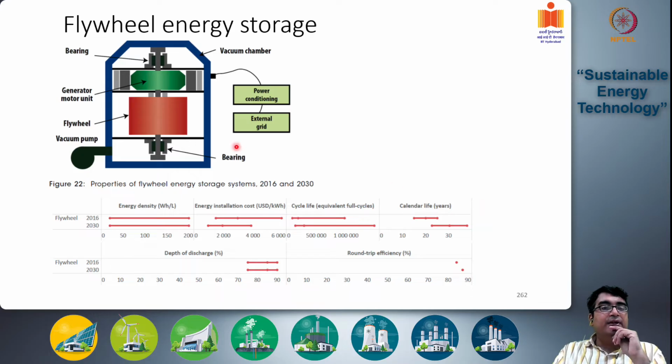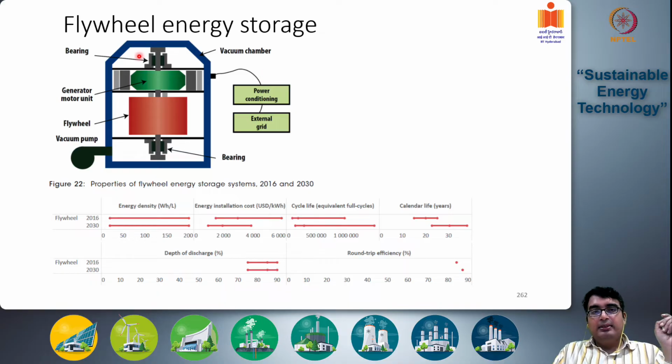Flywheel energy is different. So this is a nice picture of a flywheel energy system. This is your generator, this is your flywheel. This is your vacuum pump, because you want to keep this entire thing in vacuum, especially the bearing systems, so you do not have any air resistance related issues. You are using this generator to generate electricity and extract electricity from the external grid.